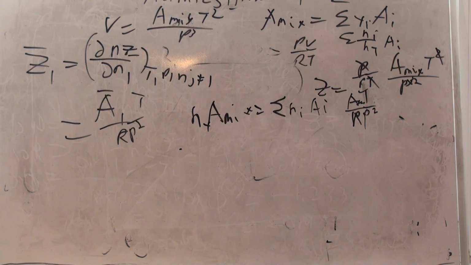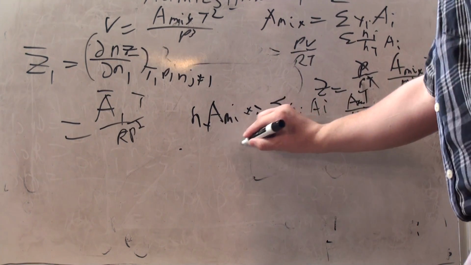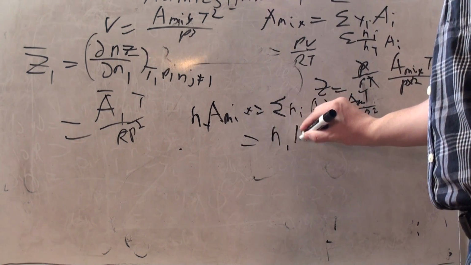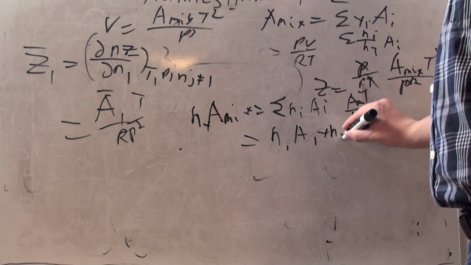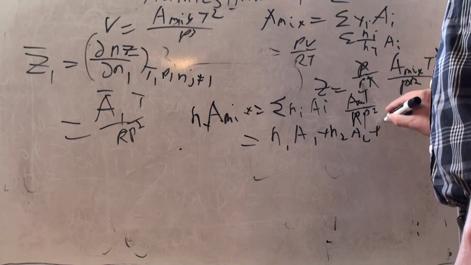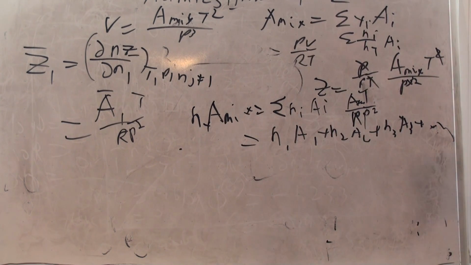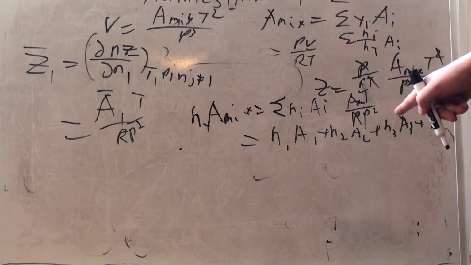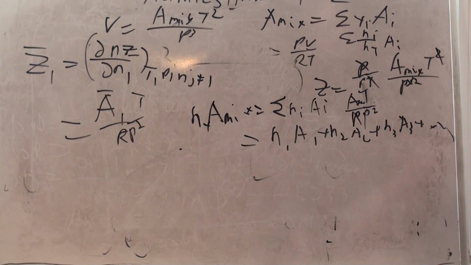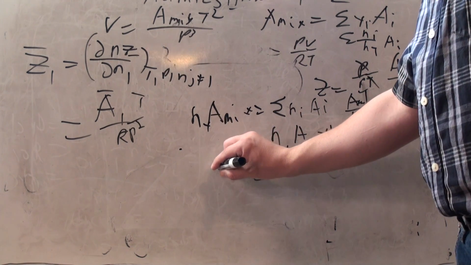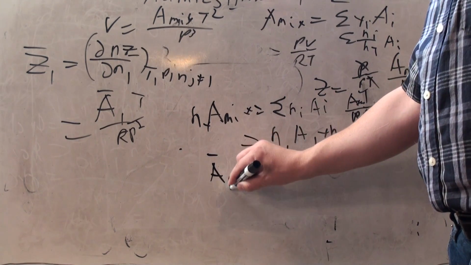So let's just say it is n1 A1 plus n2 A2 plus n3 A3 plus some stuff that I'll figure out later once I do my pattern. I take the derivative of that with respect to n1, keeping T, P, and nj not equal to 1 constant. So partial molar A1.